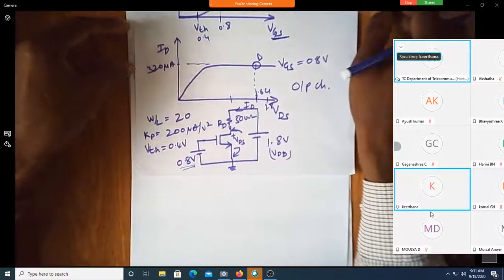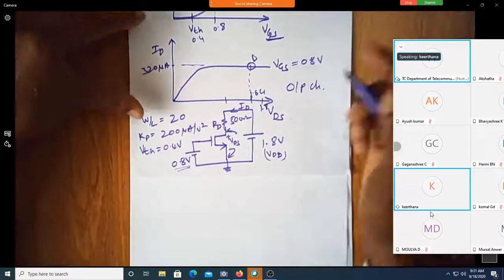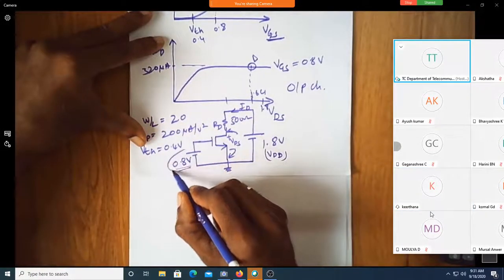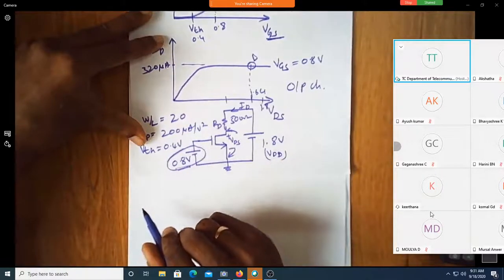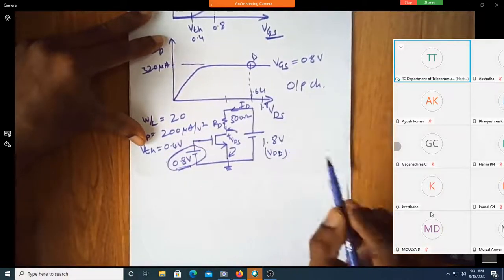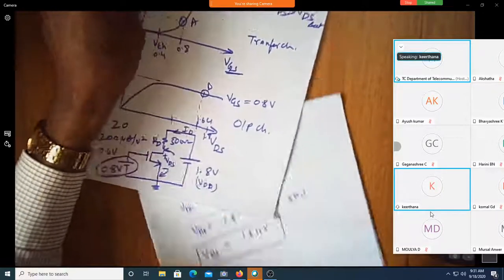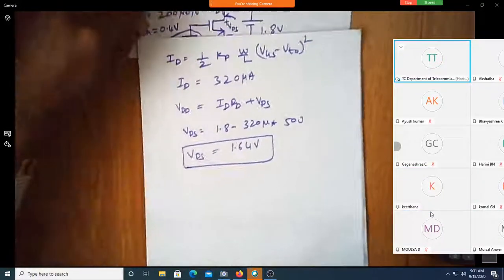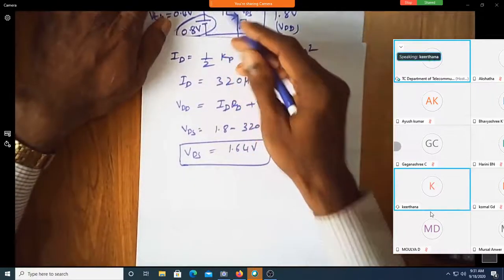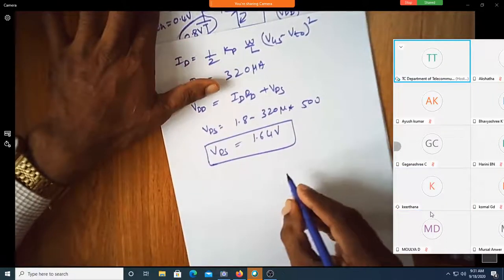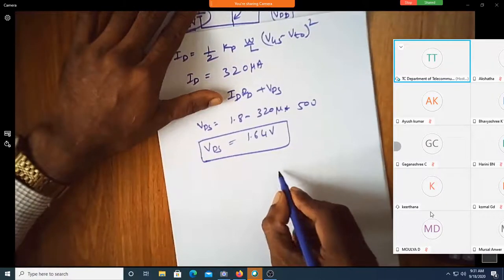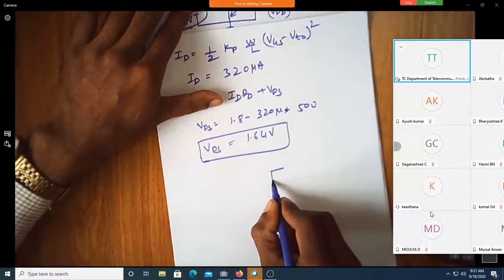Before I move on to that, shall I remove this particular battery and derive it from this 1.8 volt? How do I do that? What I'll do is eliminate this battery and replace it with two resistors, something like this. All of you write it. I'm writing the same circuit.